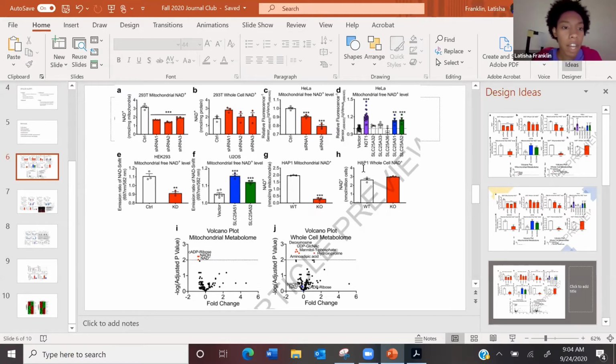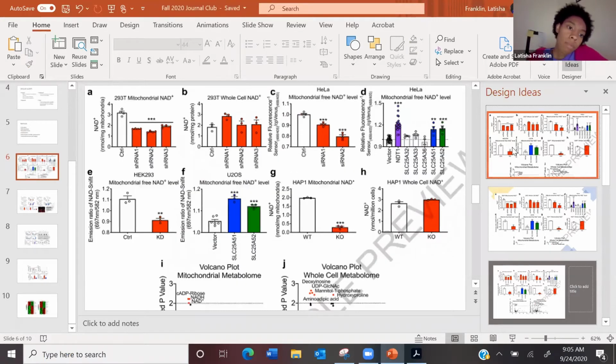So note for when you're writing your own papers. If I look at figure A, the figure legend, let me just make this bigger for now, says NAD plus, measured in nanomoles per mg in the mitochondria specifically. And then this is 293T mitochondrial NAD.